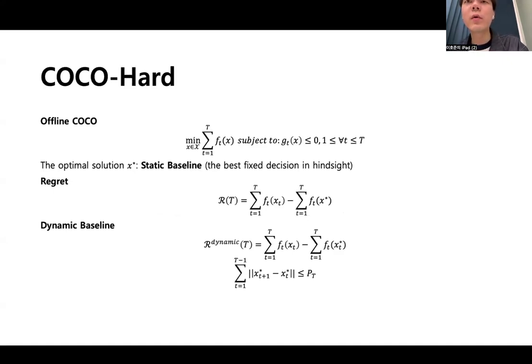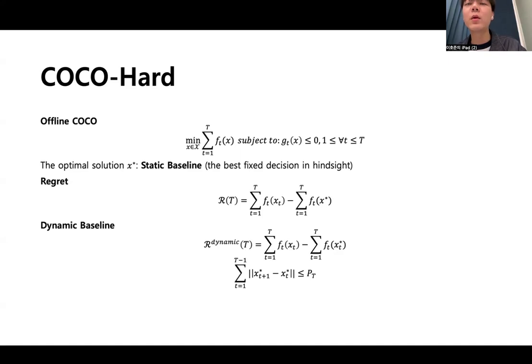COCO-hard refers to constrained online convex optimization with hard constraints. The objective in COCO-hard is to reduce hard constraint violation while minimizing total loss. Since achieving a total loss of 0 is often impossible, we compare relative performance against a baseline, which is called regret.